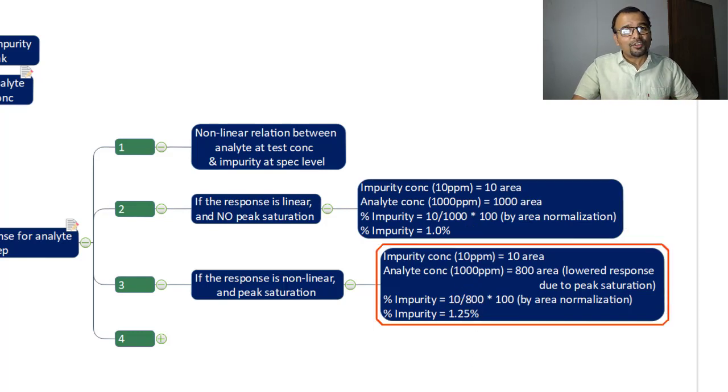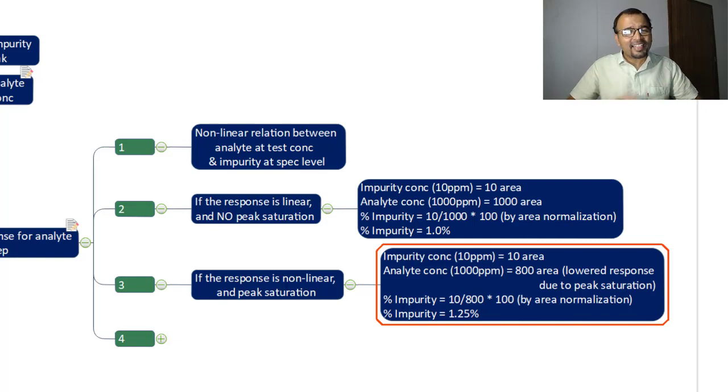But just because your sample is getting saturated at the higher response, your response is non-linear. Because of that, you end up overestimating the impurity present in the sample, which is not a pleasant situation for you. And for that reason, you should not use the area normalization method if your response is non-linear and the peak gets saturated at the apex.